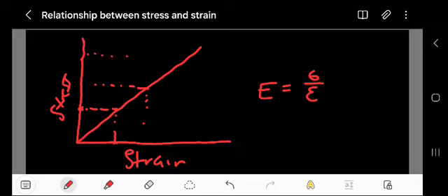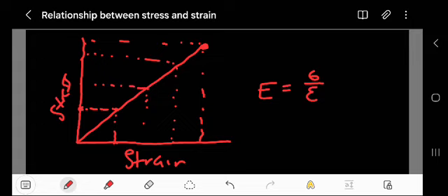If you pick any coordinates there and substitute, you'll find this remains constant until the limit of proportionality, which is when we have proportionality. It's when there is no change in Young's modulus of elasticity. That is what will occur.